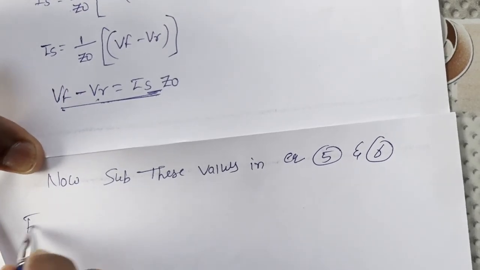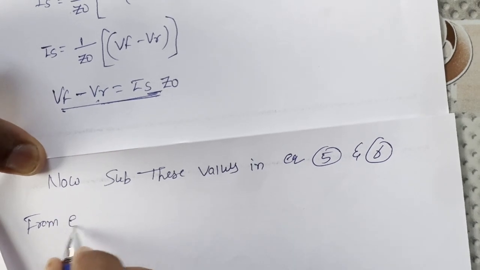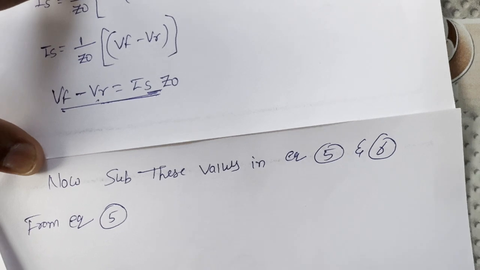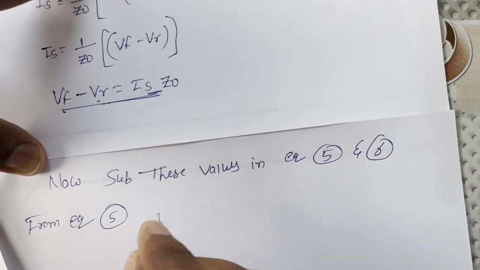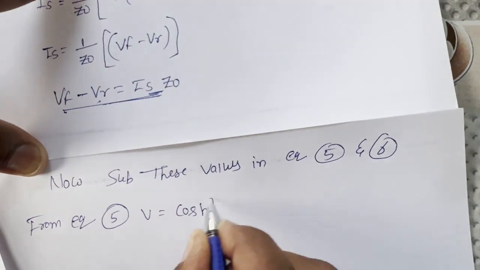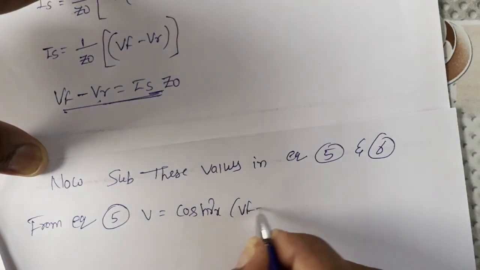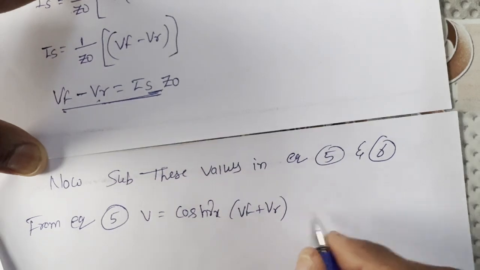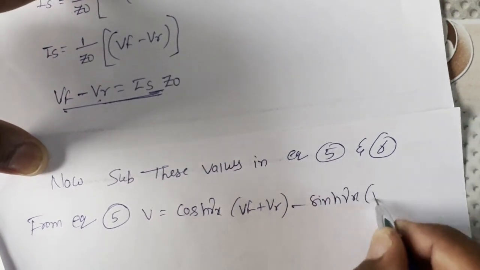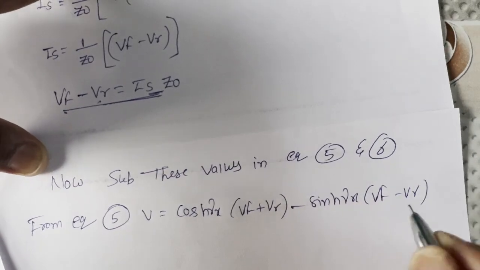From equation 5 again we have V equal to cosh gamma x into (Vf plus Vr) minus sinh gamma x into (Vf minus Vr).